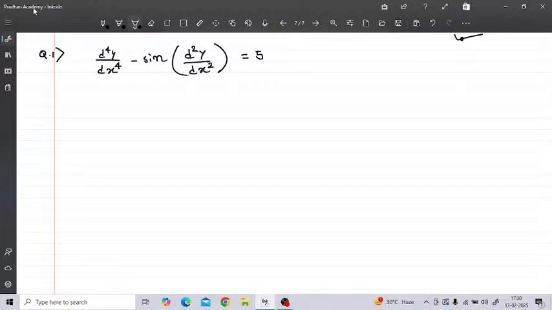Now it is asked what is the order and degree of this differential equation. Now it is clear that order is the highest order derivative, so here the fourth order derivative is the highest, so order is 4. Now you can see that this differential equation is not a polynomial of derivatives. It involves a trigonometric function sine, so the degree is not defined.